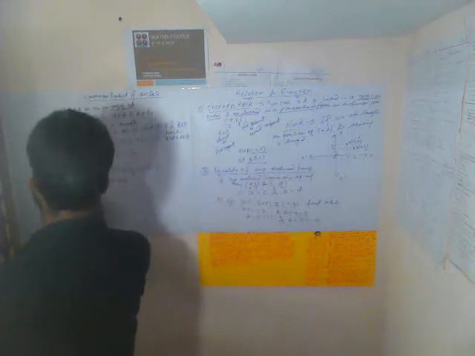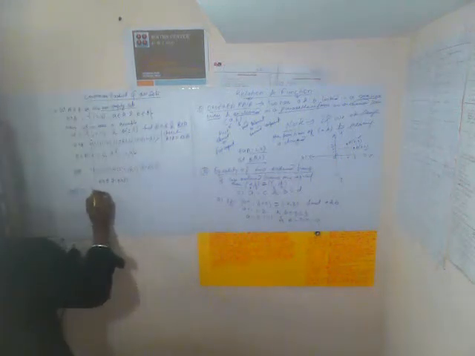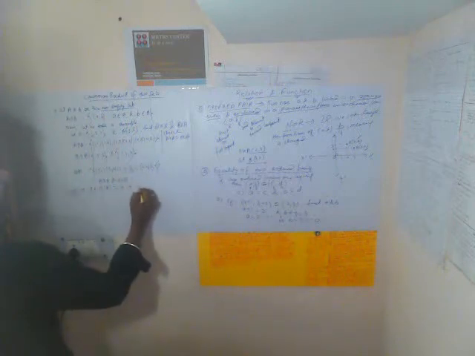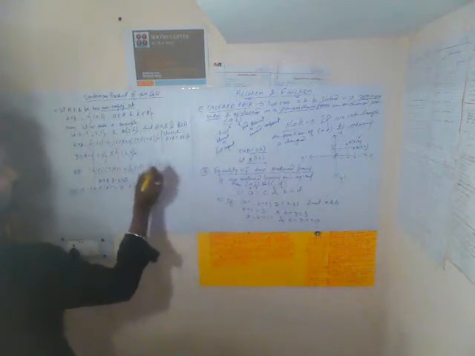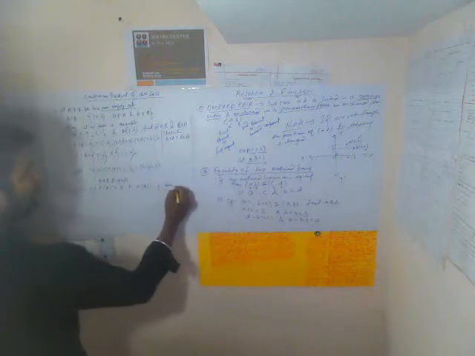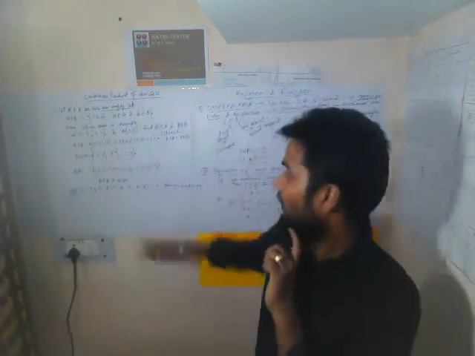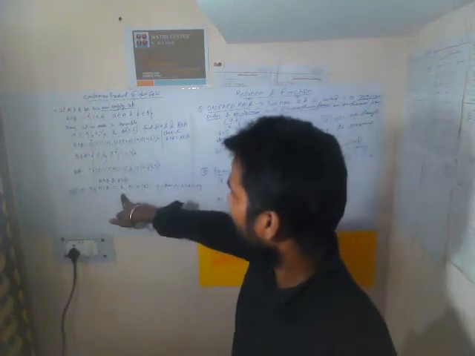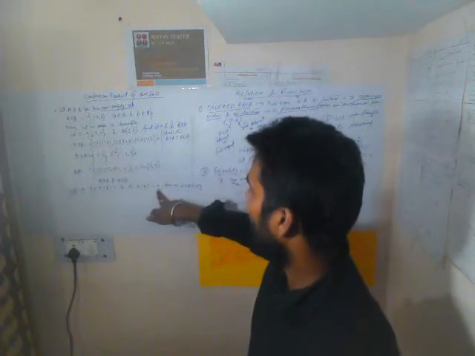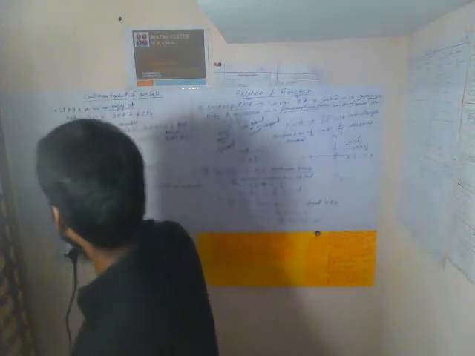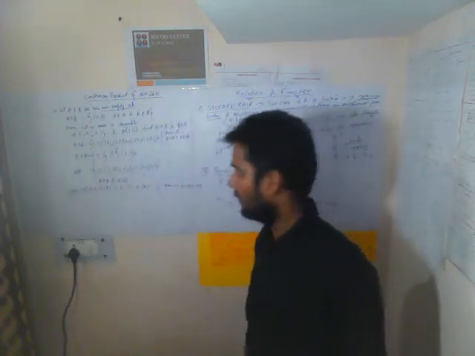That gives us an important result to note: if n(A) is equal to p and n(B) is equal to q, then n(A cross B) is equal to pq, the product of the total number of elements in the first set and the total number of elements in the second set. This is note 1 for the Cartesian product of two non-empty sets.